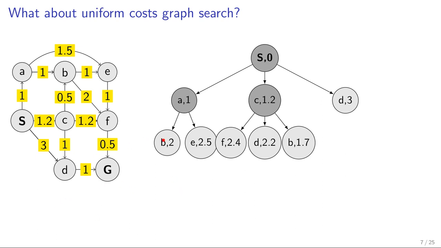So we're just going to cross out this one because it's bigger than 1.7. We're not interested in getting to B through A because we have a cheaper path. So it's going to disappear. And at the same time, there was another thing that disappeared, which was this D3, because we have a D2.2. So we don't need this D3. We are happy with D2.2. Exactly. Good.